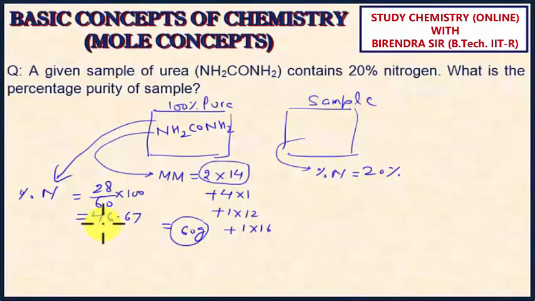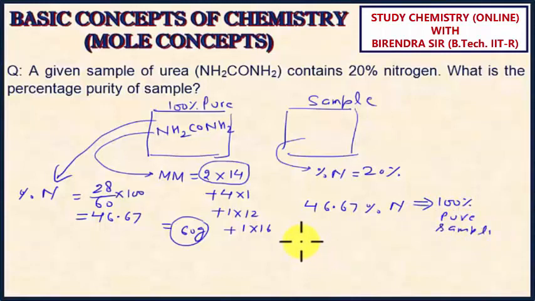What can I say? 46.67% nitrogen implies how much purity of sample? 100% purity. So I will say 46.67% nitrogen implies 100% pure sample.